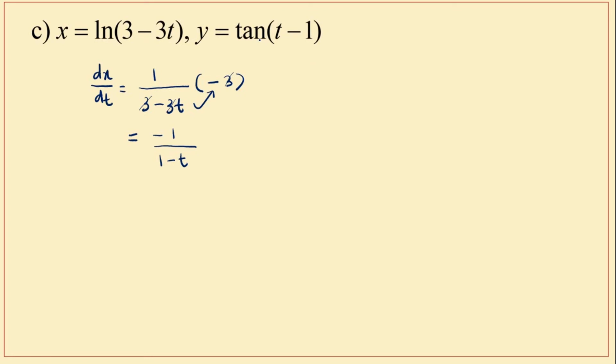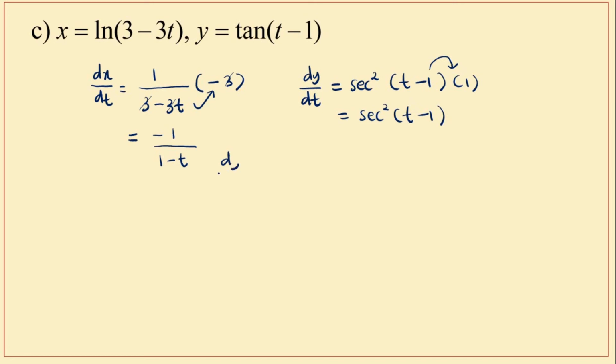Next, we have y equal to tan of t minus 1. So dy over dt, the derivative of tangent, would be secant squared of t minus 1. Don't forget, you also have to differentiate the function inside, but in this case its derivative is 1. So our dy over dt would be secant squared of t minus 1. Finally, substitute everything into our chain rule.